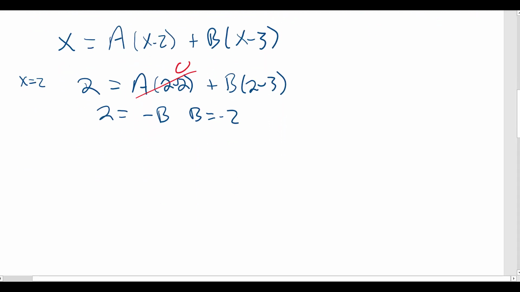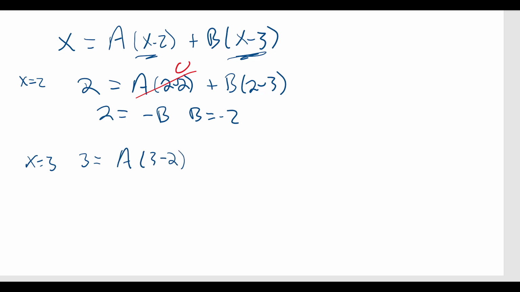And then for the other one, if I said x equals 3, notice I chose x equals 2 because it made that 0. I didn't quite say that, so I apologize. So if I make the other term 0, so 3 for x equals A times 3 minus 2 plus B times 3 minus 3. So again, that's going to be 0. And what we are left with is that 3 equals A times 1, so A must be 3.